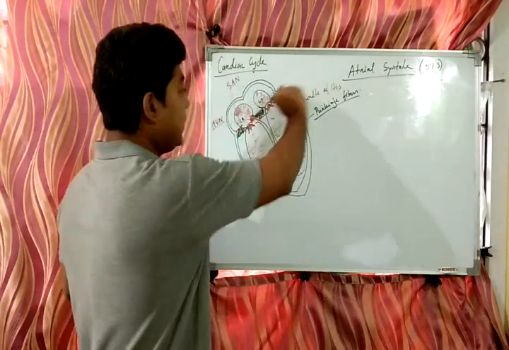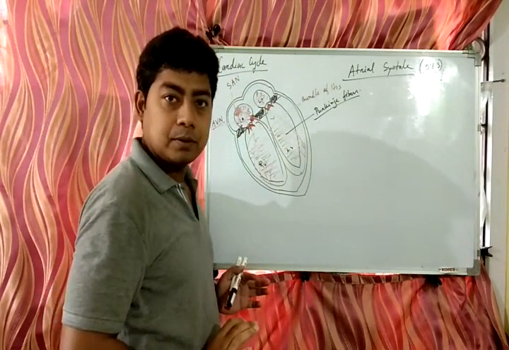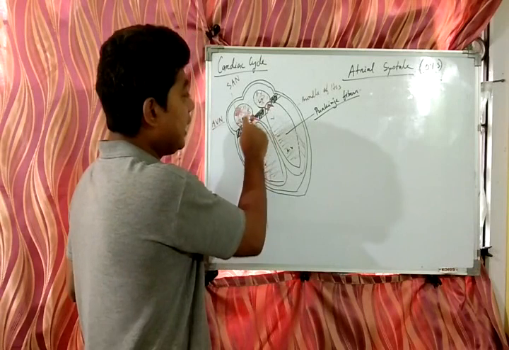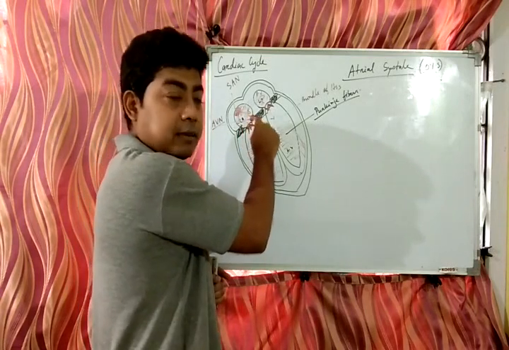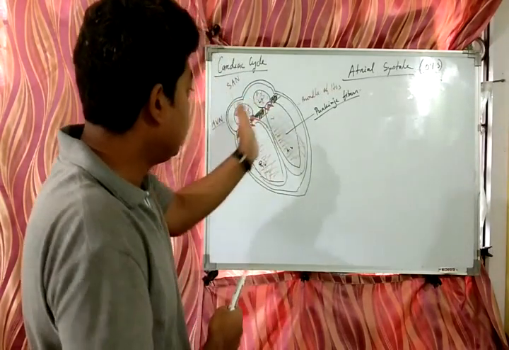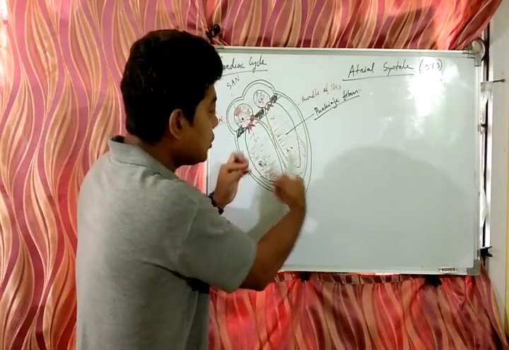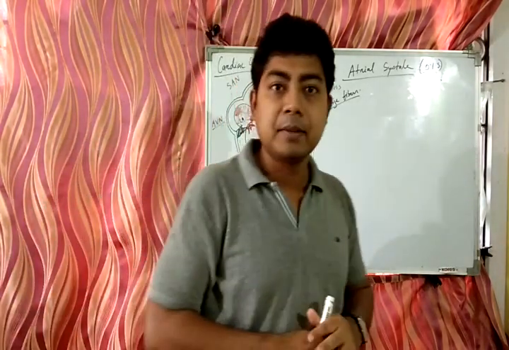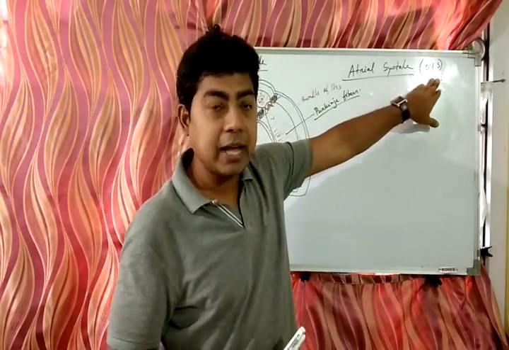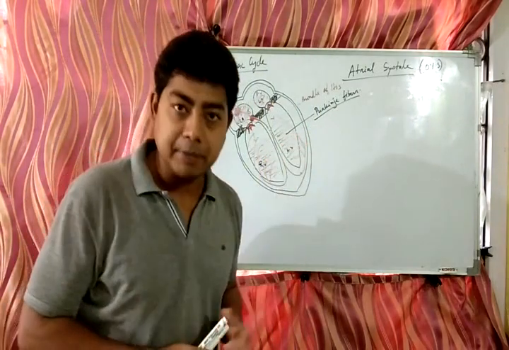Why? Because one membrane is present between the atria and ventricle. In between there is the AVN, the atrioventricular node. Through this node, the bundle of His comes and carries the impulse to the ventricle. But for that it requires 0.1 second. That's why after 0.1 second the contraction starts in the ventricle.